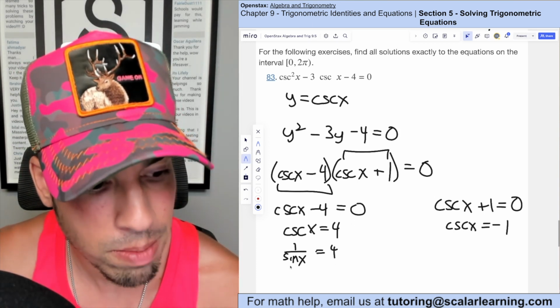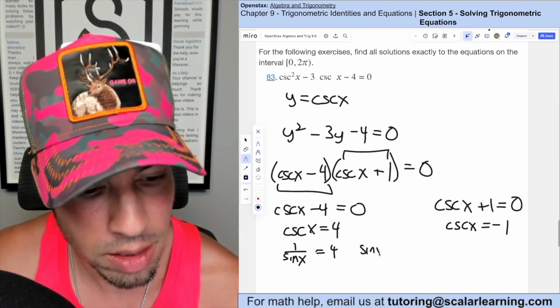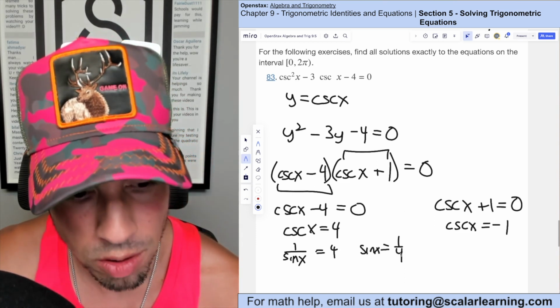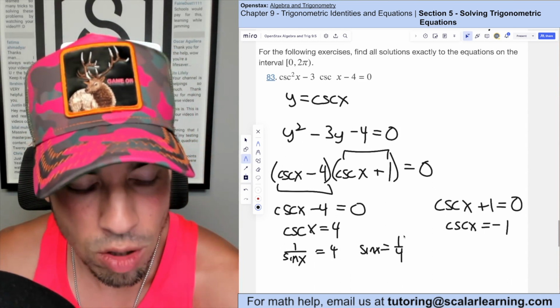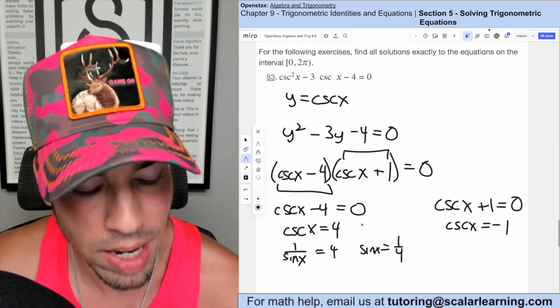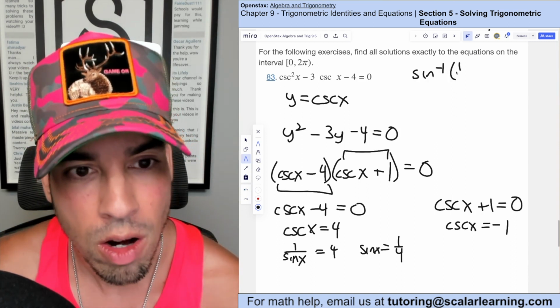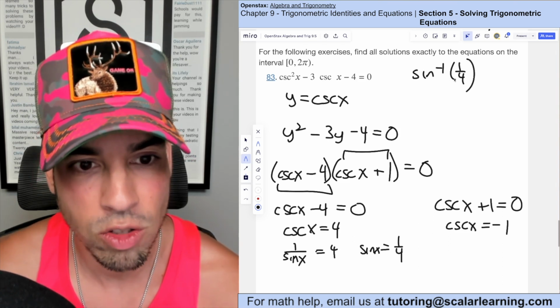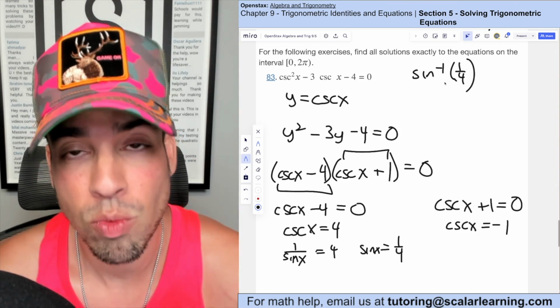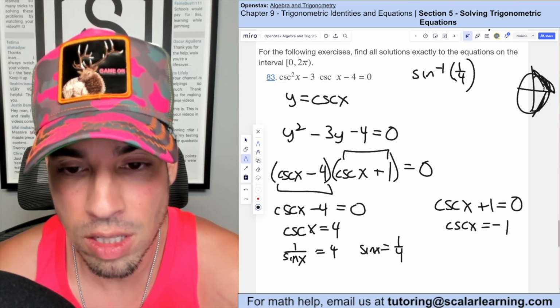Then if I divide by 4 by multiplying by sine of x, I get sine of x now equals 1/4. Okay, cool. Now, we don't have a 1/4 appearing on the unit circle, so to get this value, we have to take arc sine of 1/4. So let's do that up here. Arc sine of 1/4 is one of the answers. Now, if you remember arc sine, the range is from negative pi halves to pi halves in the unit circle.